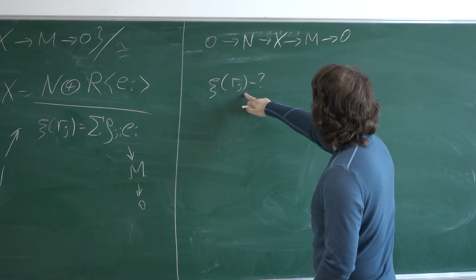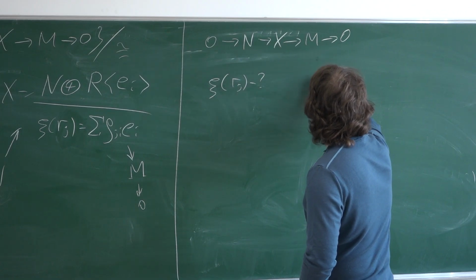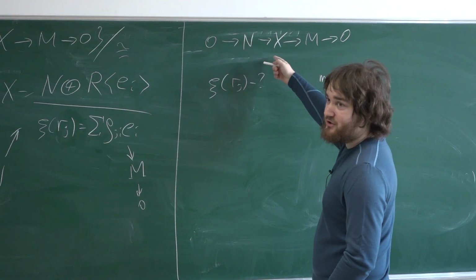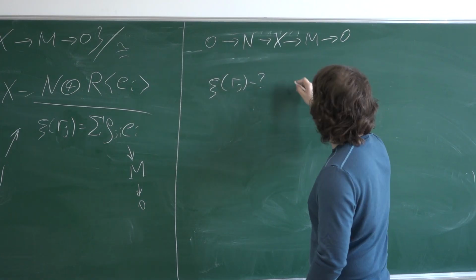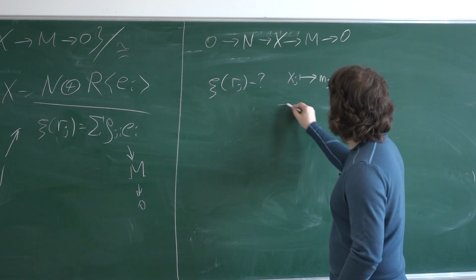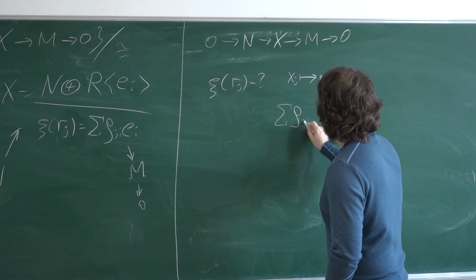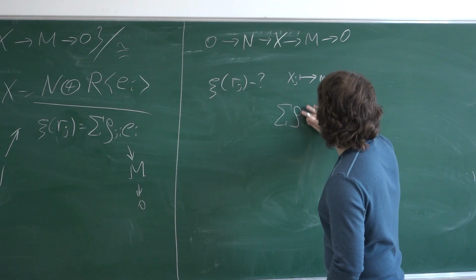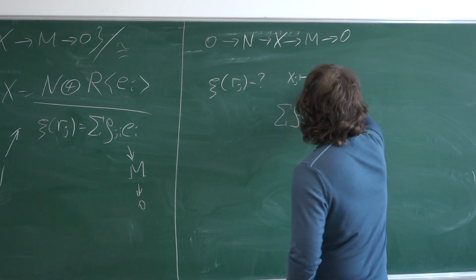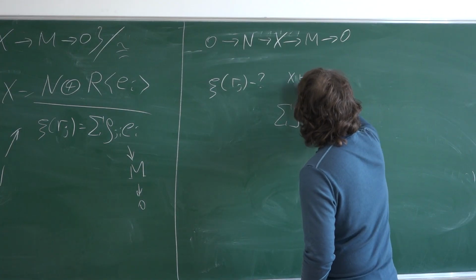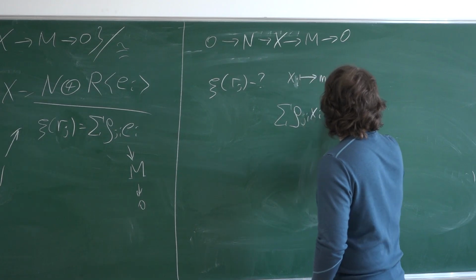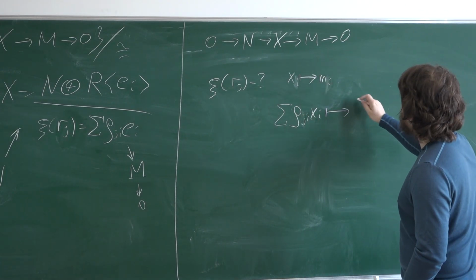I consider my generator m_i, consider any preimage in X. Consider the relation: the sum of sigma_ji x_i goes to a relation in M, which is 0.